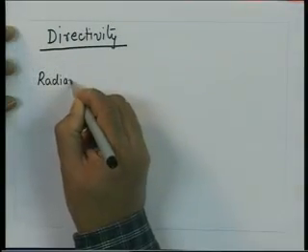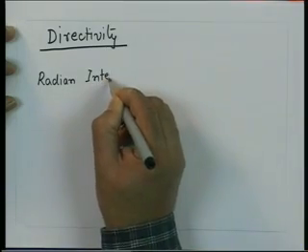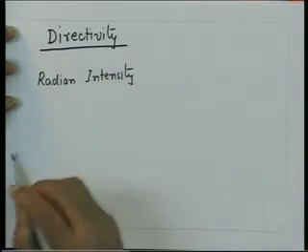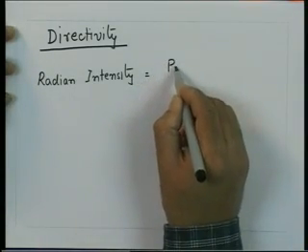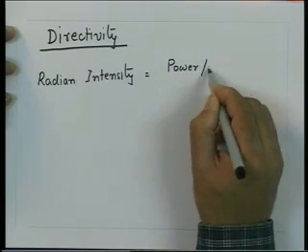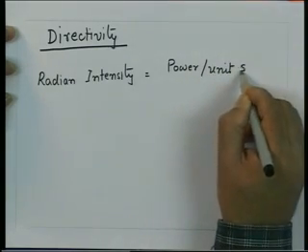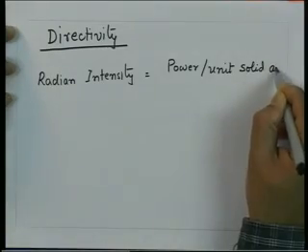Instead of defining a power density, which is power per unit area, we define a parameter called the radiation intensity, which is power per unit solid angle.